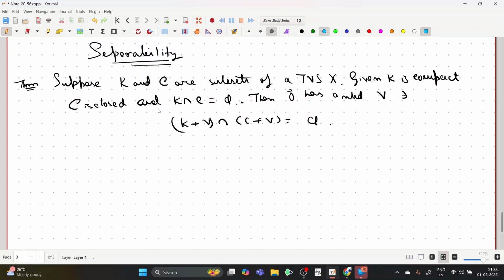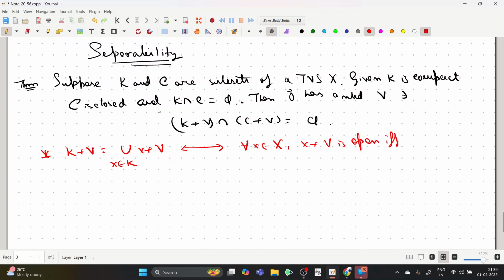K plus V can be treated as the union of the sets X plus V such that X comes from K. Now recall what we studied about the homeomorphism of the translation operation: for all vectors X in X, X plus V is open if and only if V is open, right?